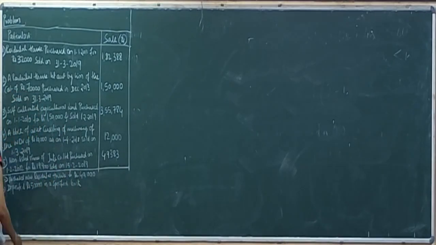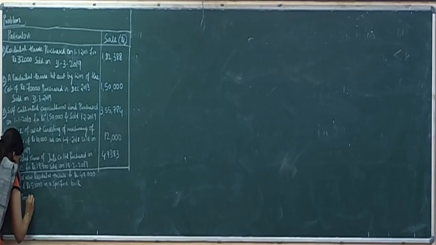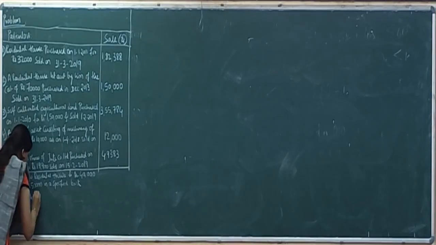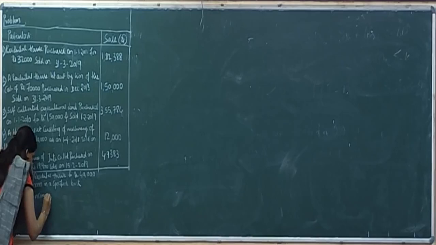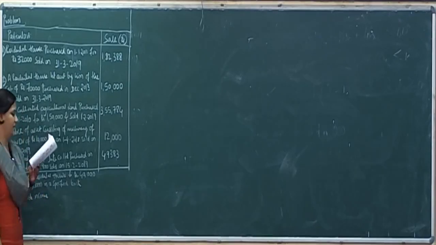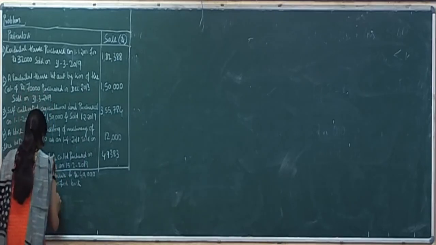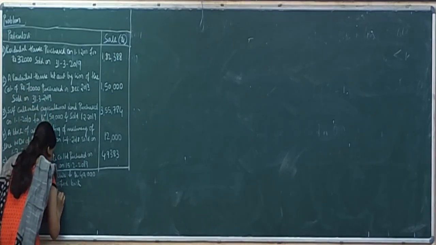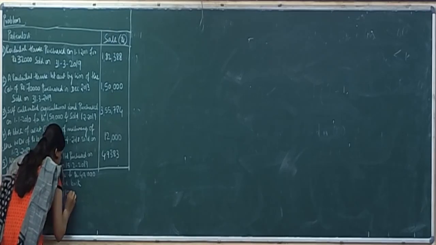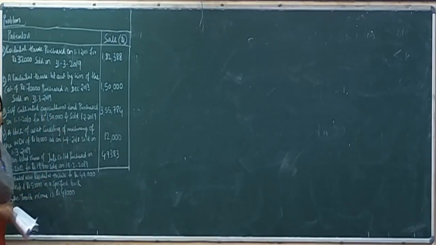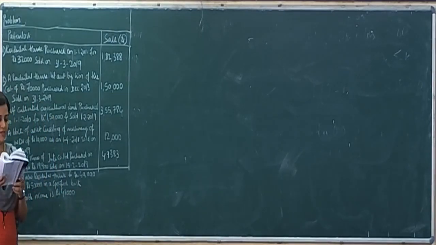His other taxable income for the year amounted to rupees 40,000. So these are the other information that is given.